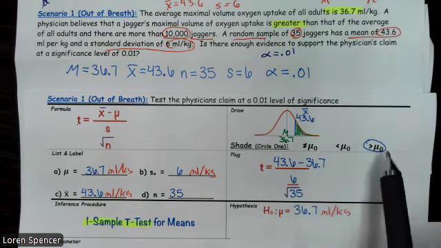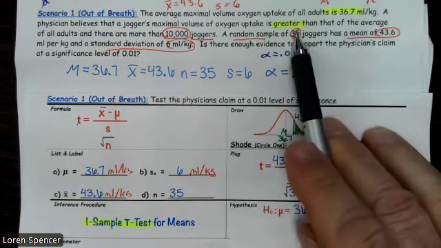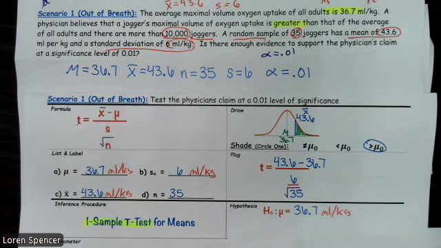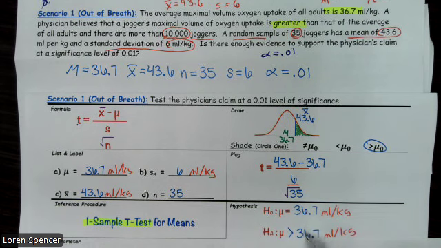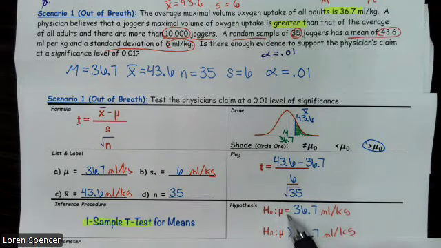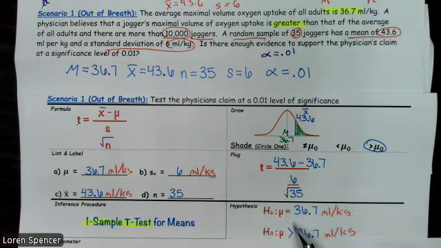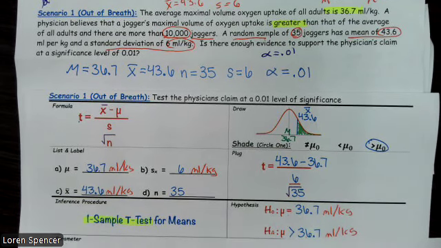And because they said greater than right here, our alternative is the mean is greater than 36.7 milliliters per kilogram. I just want to take a moment and notice that this is 36.7 and this is 36.7. The only thing that changes is the inequality from equals to greater than. And this will always be an equals.